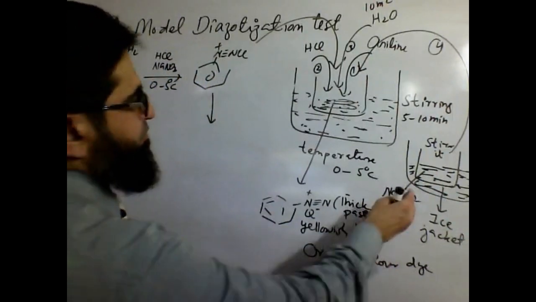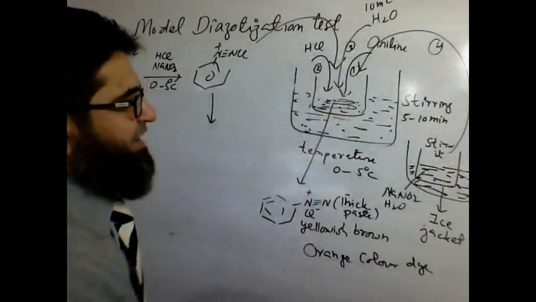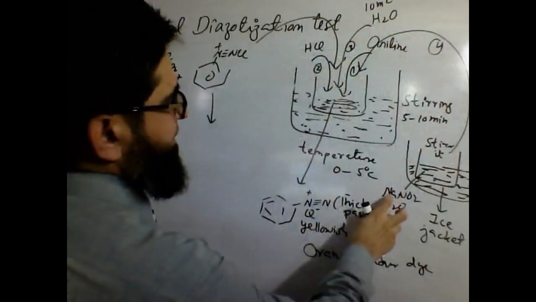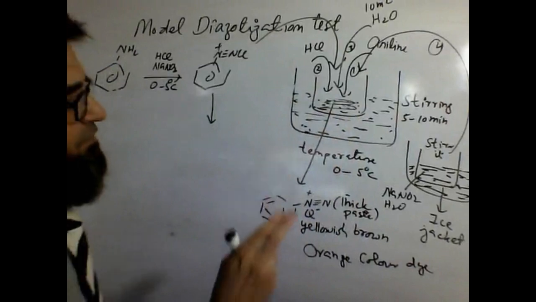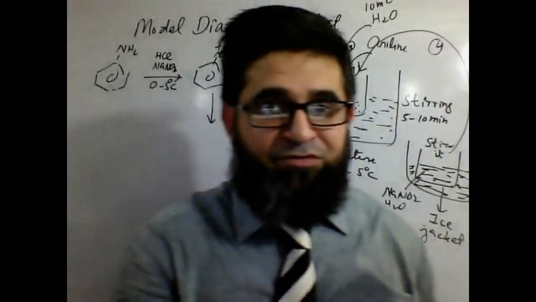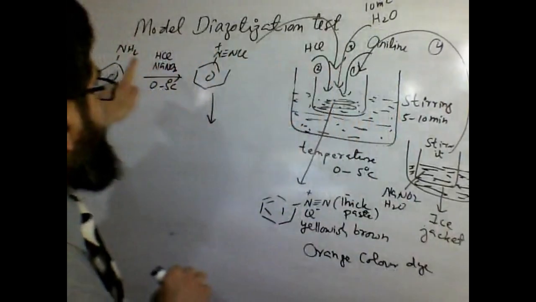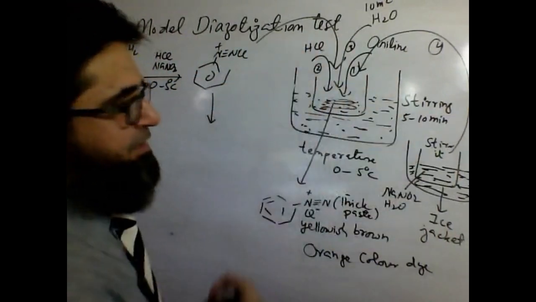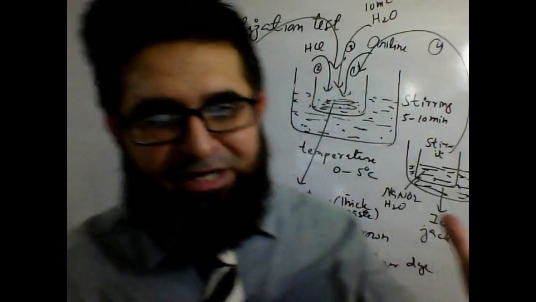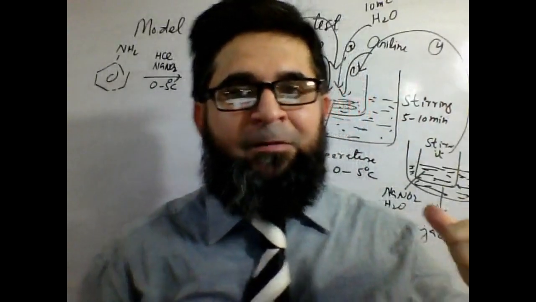Then we mix it into the solution of aniline. As a result of the reaction between NaNO2 and HCl, there will be a generation of an electrophile which subsequently reacts with amines to give diazonium salts. Then the next coupler, as I've just explained, beta-naphthol was brought in.